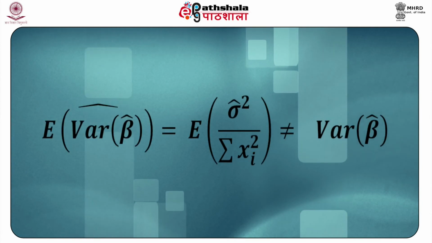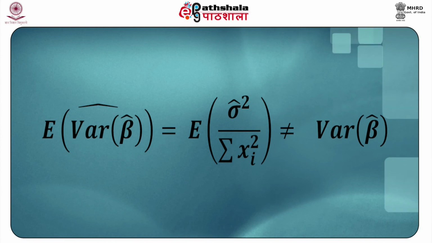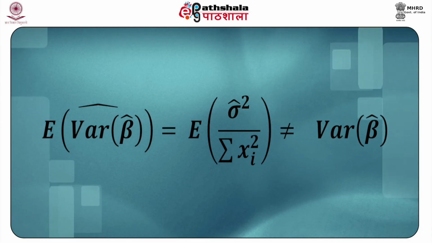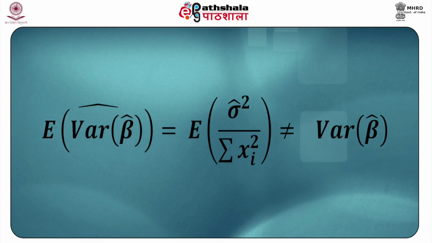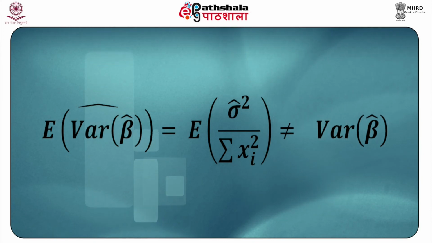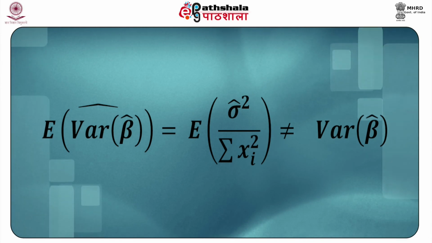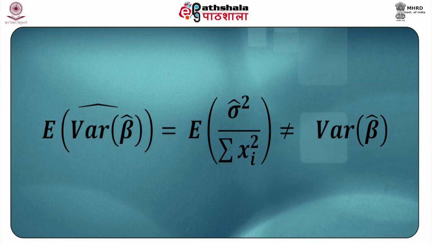Now the expected value of this estimated variance of beta hat is equal to the expected value of sigma hat square upon sigma x_i square, and is not equal to the variance of beta hat. The OLS estimator of the variance of a regression coefficient is thus biased and inconsistent.